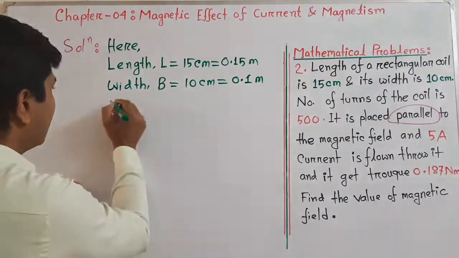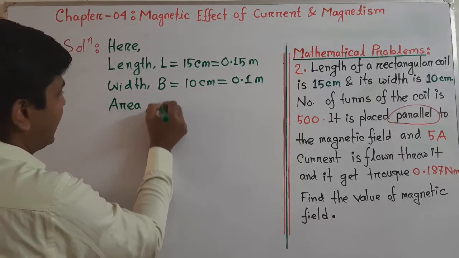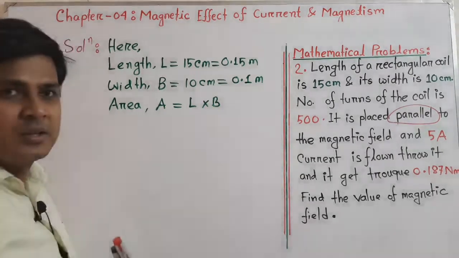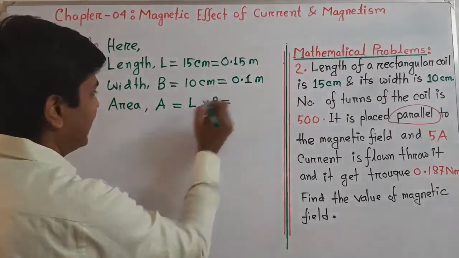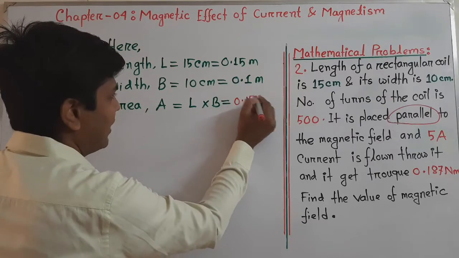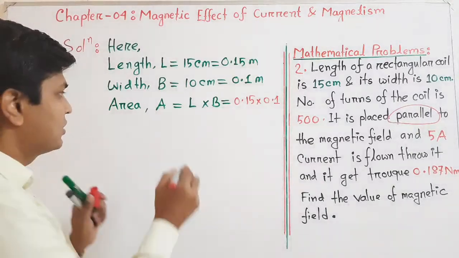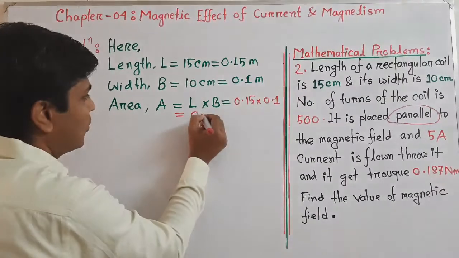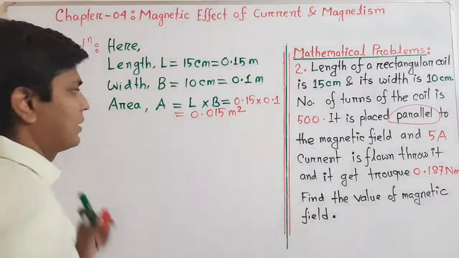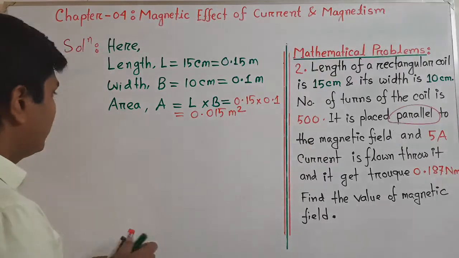And you know the area of a rectangular shaped body, A equals length into breadth. Now if we put the value of length 0.15 and breadth 0.1, after calculation we get area 0.015 meter square.